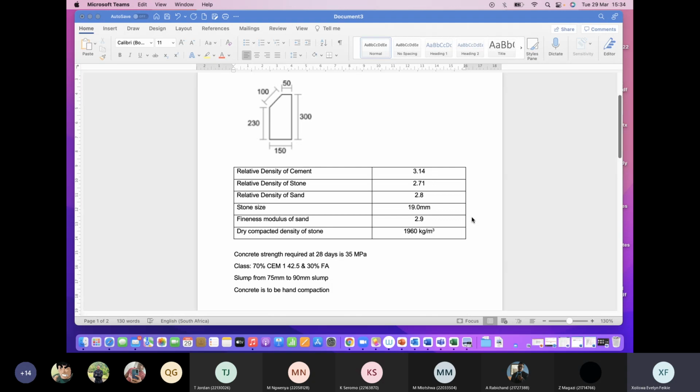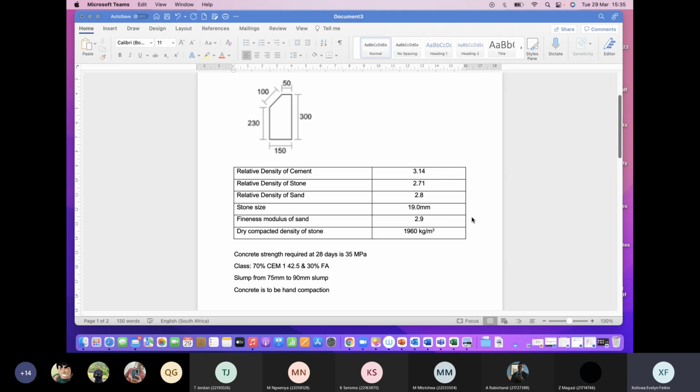But rather, what we have is this information. You have the mass of cement in kgs that can produce 1 cubic meter of concrete. You have the stone content, we just determined that. You have the relative density of sand, it's given.